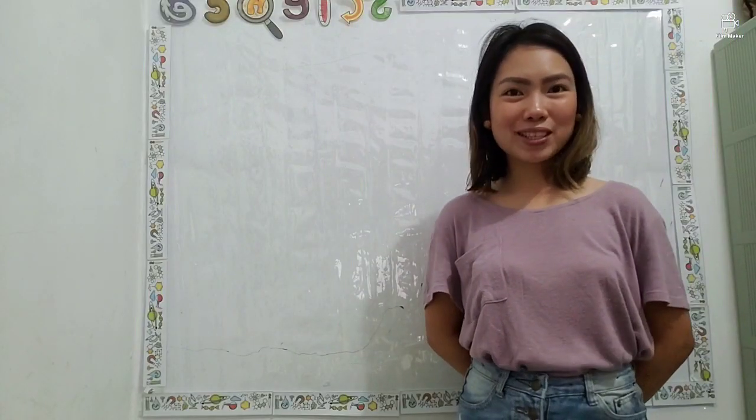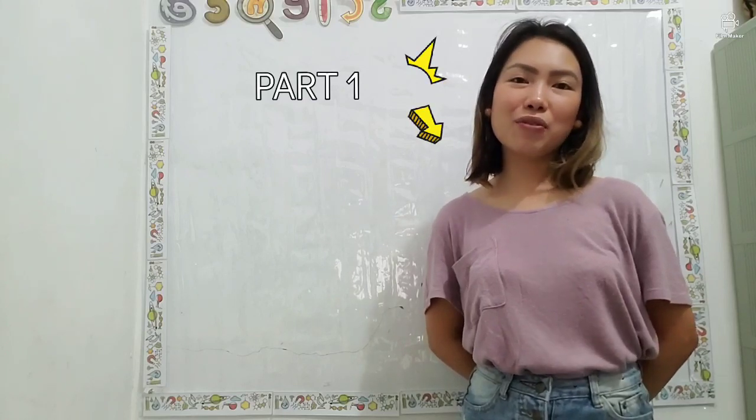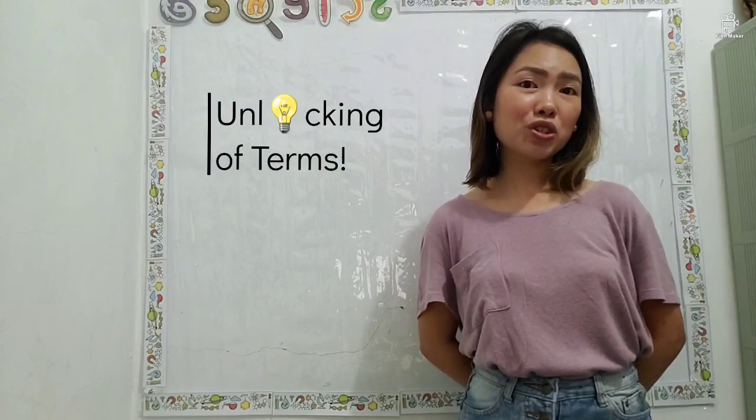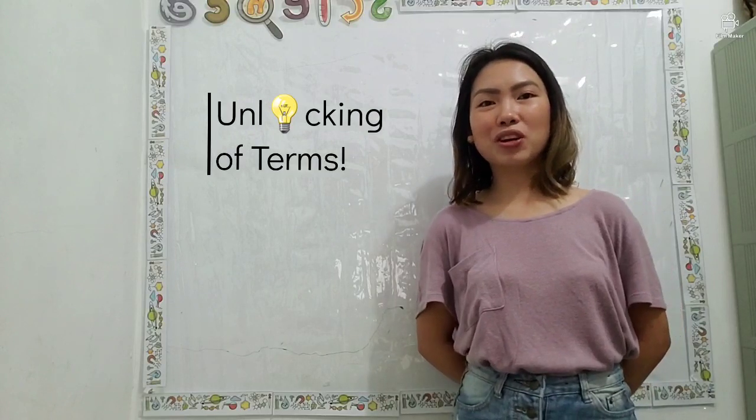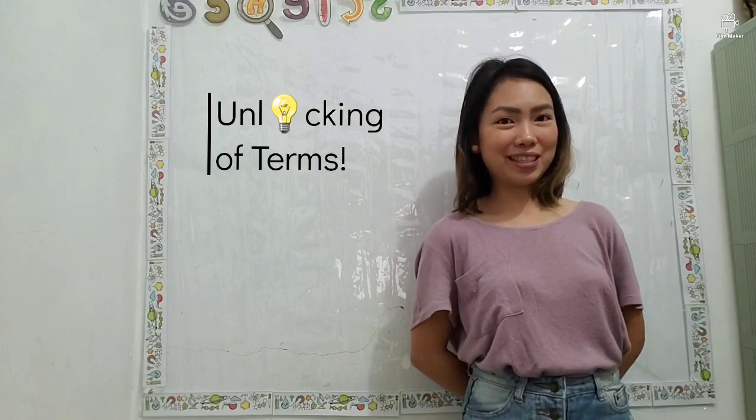Before we formally start our discussion on video part 1, let us first have an unlocking of terms which are somewhat unfamiliar to you since we are to enter a new chapter in our discussion.